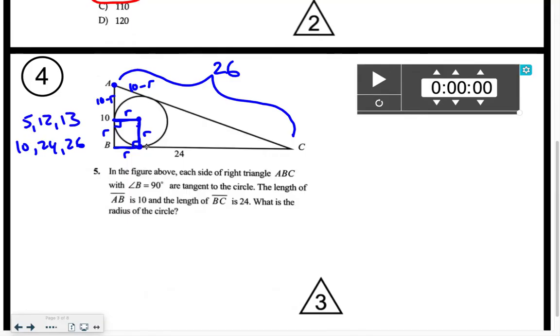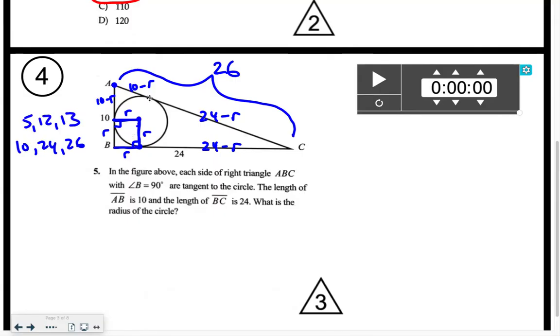And likewise over here, from C to this point of tangency has to be 24 minus R, because the whole thing is 24, and this piece is R. And then this other one has to be 24 minus R as well, because from C to both points of tangency has to be congruent.